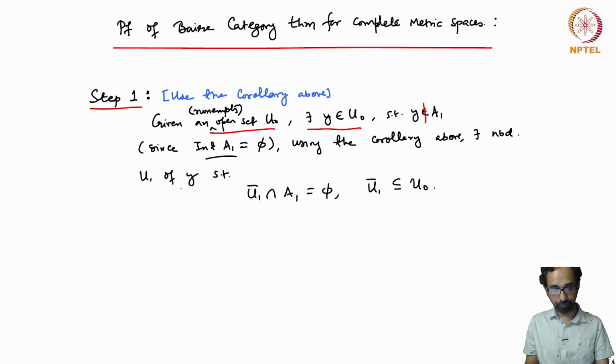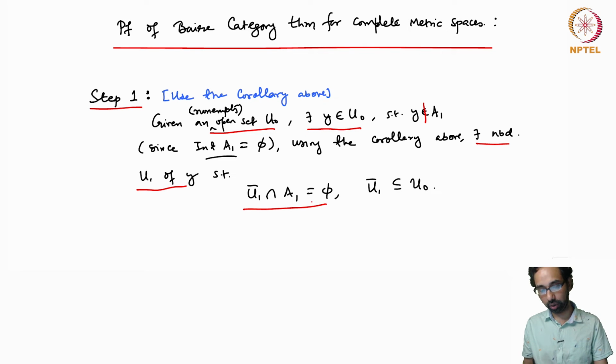So because the interior of A1 is empty, and using the corollary above, we have a neighborhood U1 of y such that the closure of U1 does not intersect A1, and U1 closure is a subset of the open set U0 that we chose. And this is the same step.